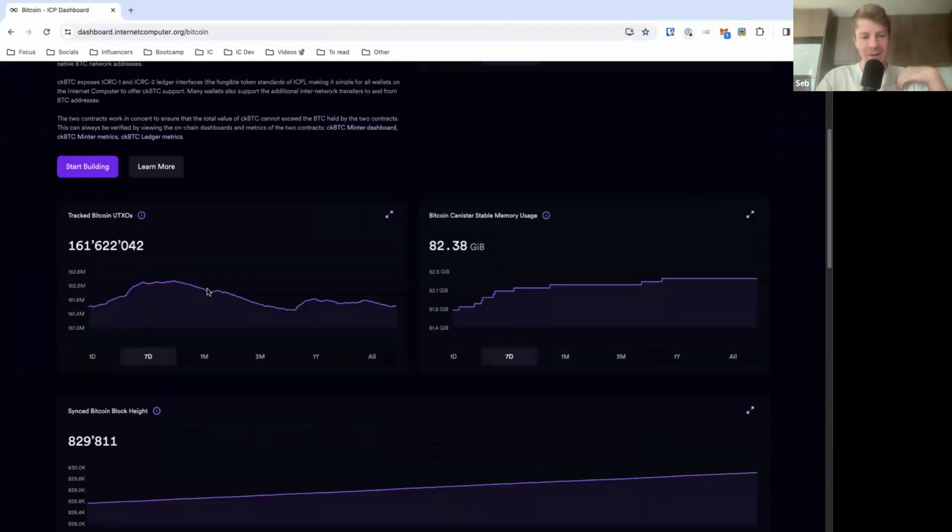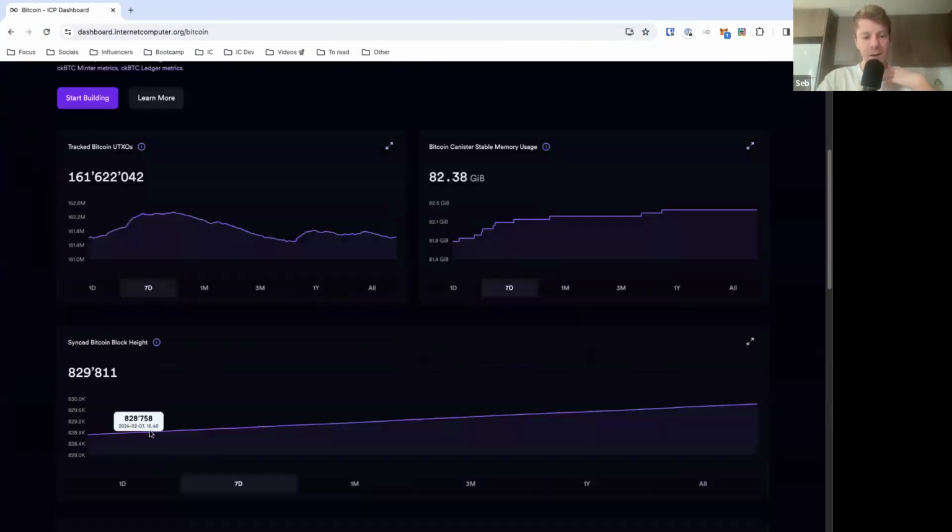For example, you can see that this Bitcoin canister has 82 gigabytes of state. This is the canister that I was talking about that is synchronizing the two networks. You can see the current Bitcoin block height that is synced. This should be fairly close to the actual latest block on the Bitcoin blockchain. And we can see the number of tracked UTXOs.